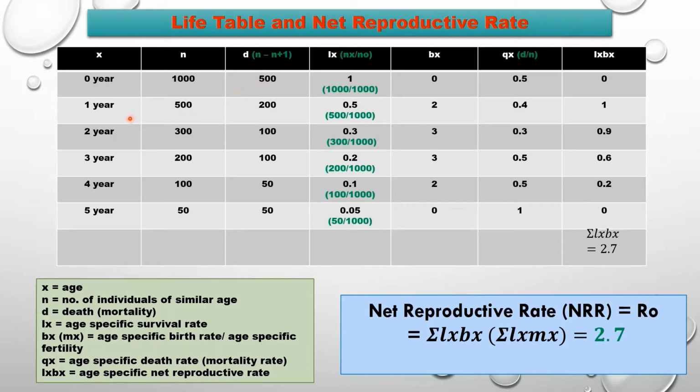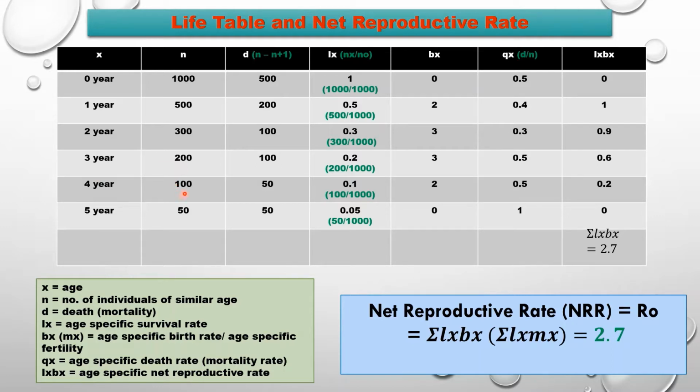In 1 year, n is 500 and n plus 1 is 300. So 500 minus 300 is 200. So D is 200 in 1 year. Next is 2 year. In 2 year, n is 300 and n plus 1 is 200. So 300 minus 200 is 100. So D is 100 in 2 year. In 3 year, n is 200 and n plus 1 is 100.